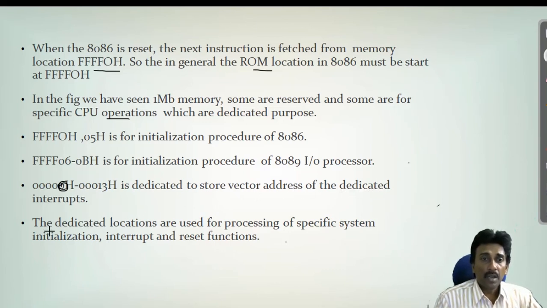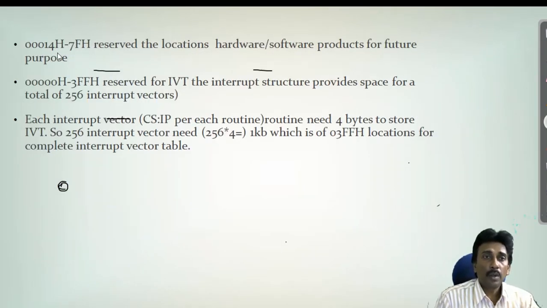That means dedicated locations are used for specific system initialization as well as interrupt and reset functions. From 0014H to 7FH is reserved for future purposes, particularly to design or interface hardware and software products. So far we are not using this memory.